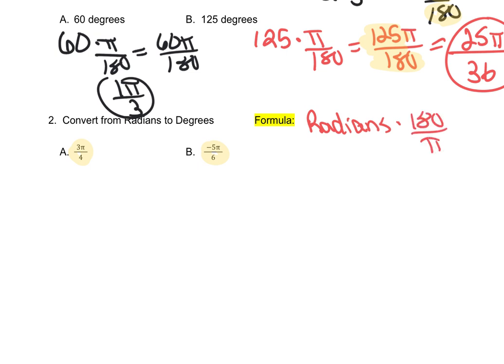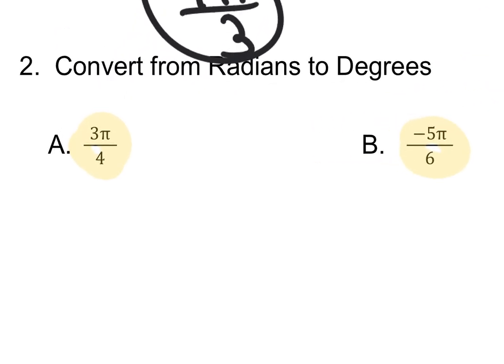Again, that's essentially like multiplying times 1. What that does is the pi's will always cancel, and then you can just multiply across in your numerator and your denominator. So we would end up at 180 times 3 divided by 4, which would be 135 degrees.